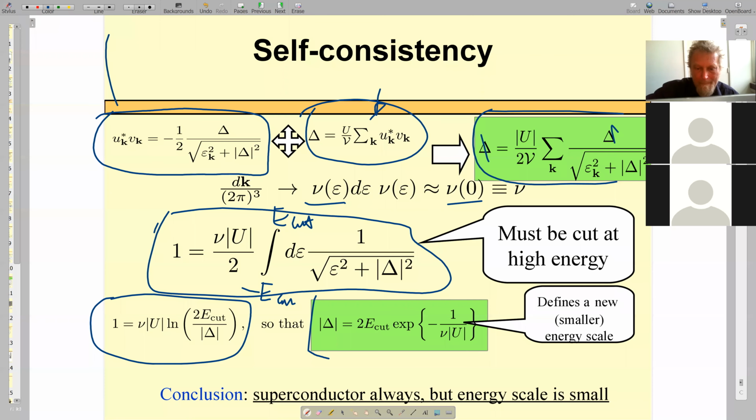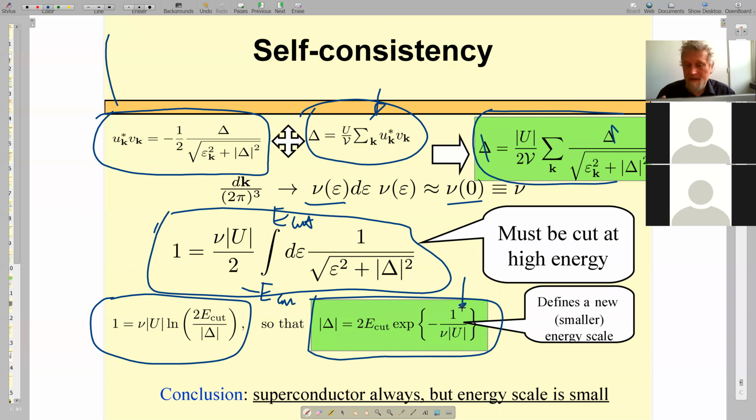We obtain that delta is of the order of the cutoff energy, or that would be too good to be true, times a dimensionless factor, which is exponentially small if interactions are small. So it's simultaneously good news and bad news.